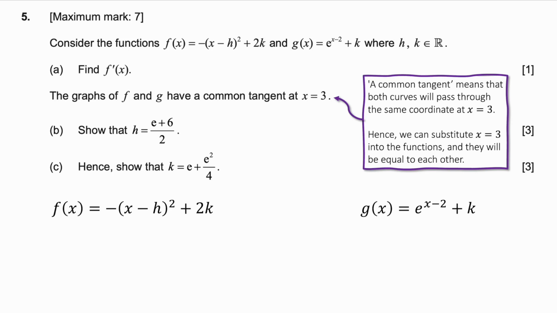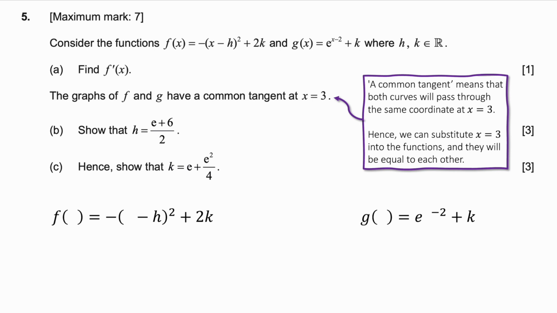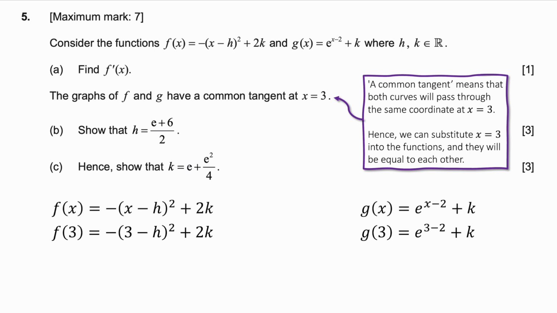So we're going to substitute x equals 3 into these, like this, and just look at the g. We've got e to the power 3 minus 2, that's e to the power 1, or just e. So that simplifies very nicely to be e plus k. And we're going to make these two things equal to each other, because they have the same y value at x equals 3, again using that phrase common tangent.